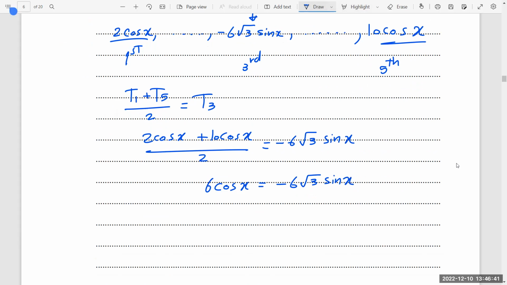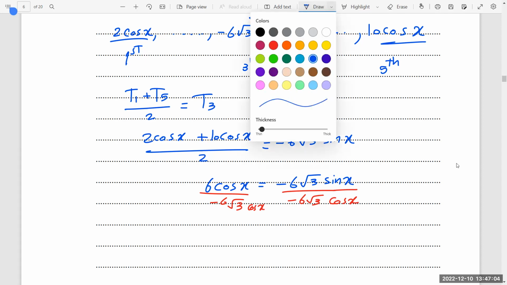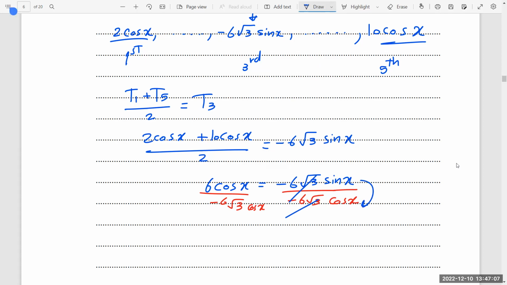If I divide by negative 6 radical 3 each side, and divide by cosine x to remove it, now sine x over cosine x is tan x, equals, to simplify this one, cosine and cosine cancel out, I have negative 1 over radical 3.